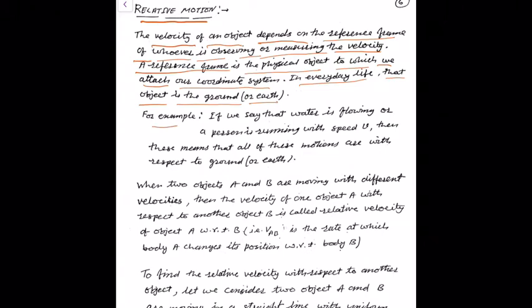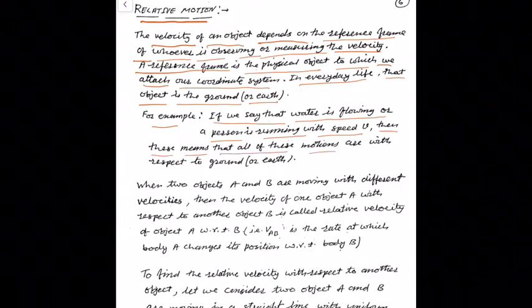For example, if we say that water is flowing or a person is running with speed v, then this means that all of these motions are with respect to ground or earth.